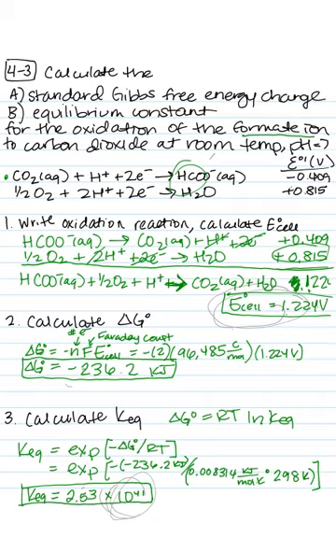We had a negative value for delta G and a positive value for the midpoint potential of the cell. Remember that when we have a positive value for the midpoint potential, that means that we have a driving force for the oxidation reaction. So delta G will be negative for this one, and we will form products. So we will have more CO2 and water in a huge fashion, 10 to the 41 times more than we have the formate ion and oxygen and H+ hanging around.